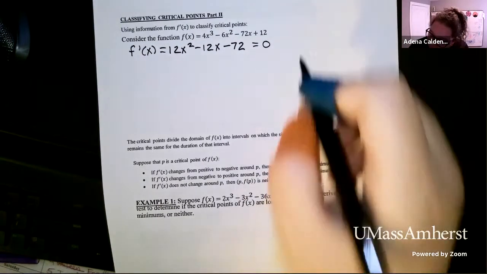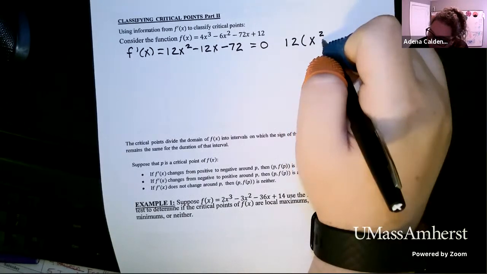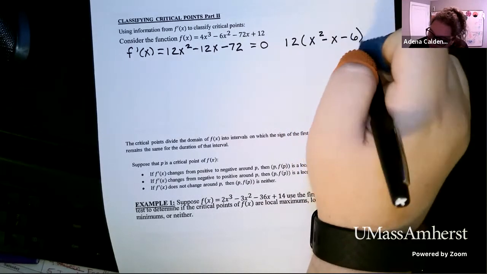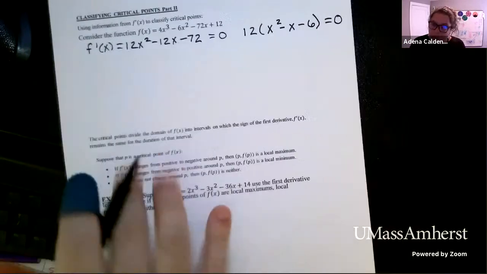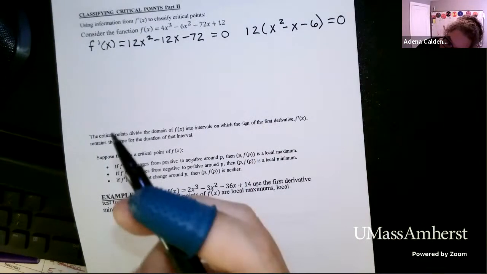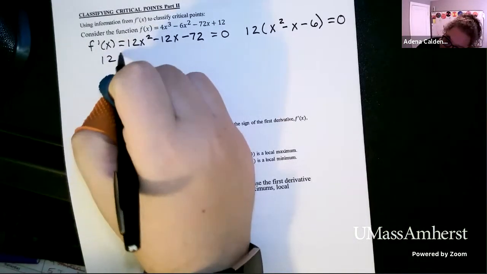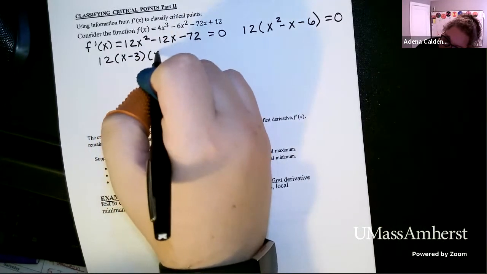So if we pull out the 12, we're left with an x squared minus x minus 6 equals 0. Okay, this particular function we factored before with a different constant, but let's do it again anyway. So we have x minus 3, x plus 2, right?